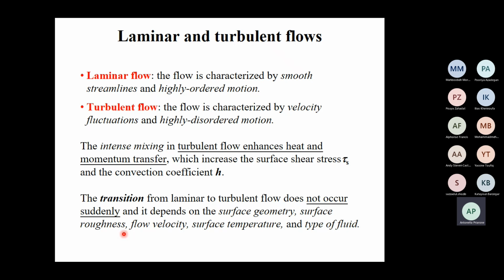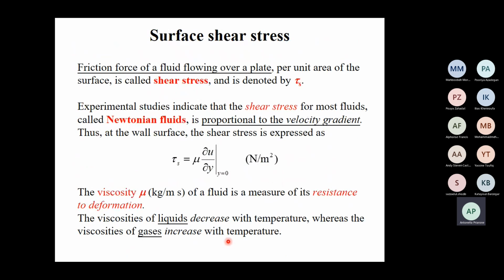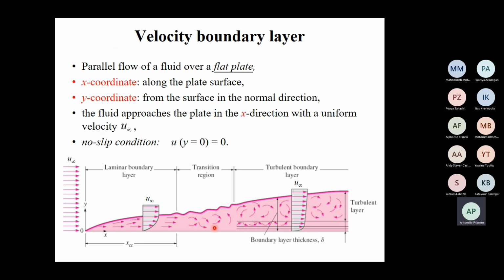Roughness is rugosità in Italian, the velocity and so on. What is sketched here? At the beginning I have a laminar zone, then I have a zone called the transition zone, in which I have a change step by step from laminar to turbulent flow, and finally fully developed flow, that is the turbulent flow.